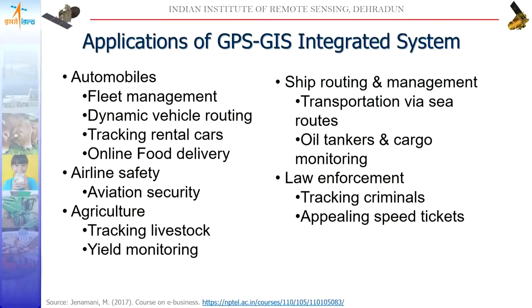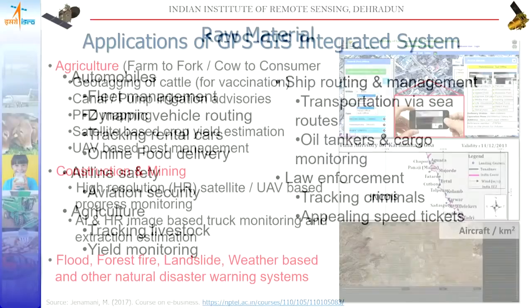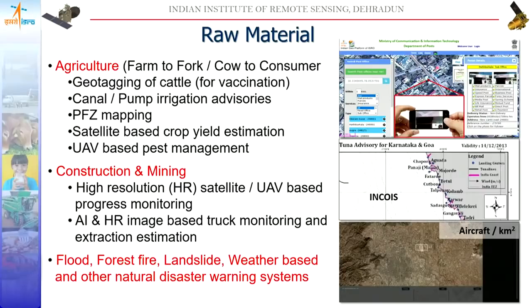You may not be aware that much of the information coming directly to you is a combination of GPS and GIS, and you might not be aware of how the integrated system is providing you that information. If you have these two technologies together, they can really provide you important information.